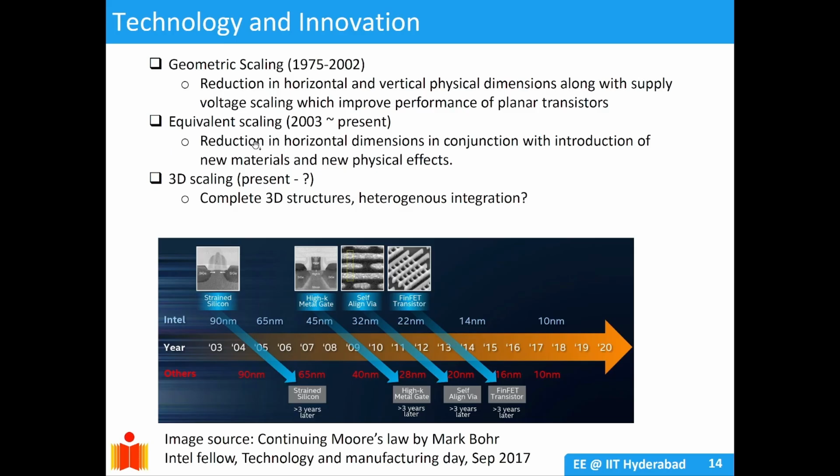That was reduction in horizontal dimensions in conjunction with introduction of new materials and new physical effects, such as strained silicon, high K metal gate, self-aligned vias, FinFET transistors. Next, what we are currently doing is 3D scaling, and the future is completely 3D structures as well as heterogeneous integration.